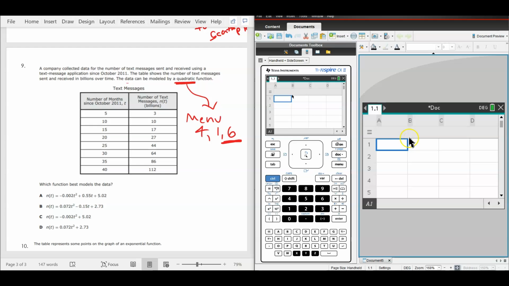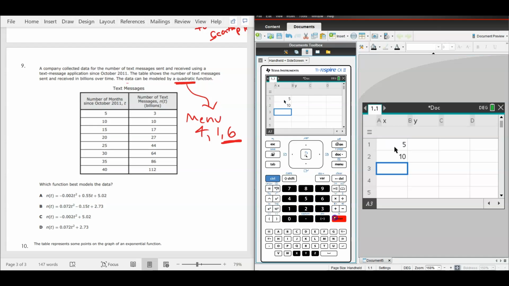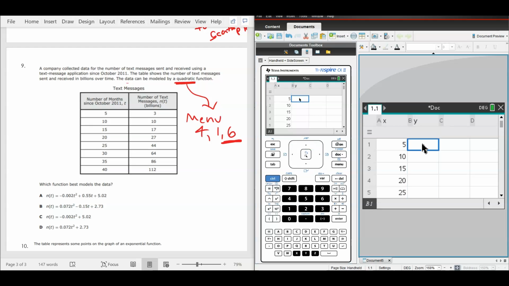So just to go over what we just did, you would go to your table, you would start typing in all these values. Okay, and you got what?